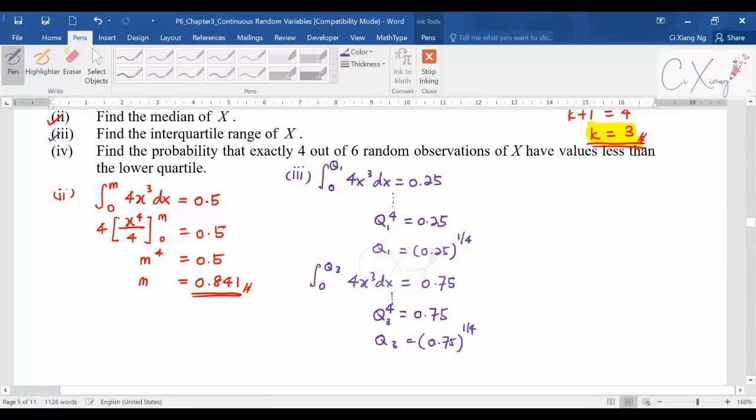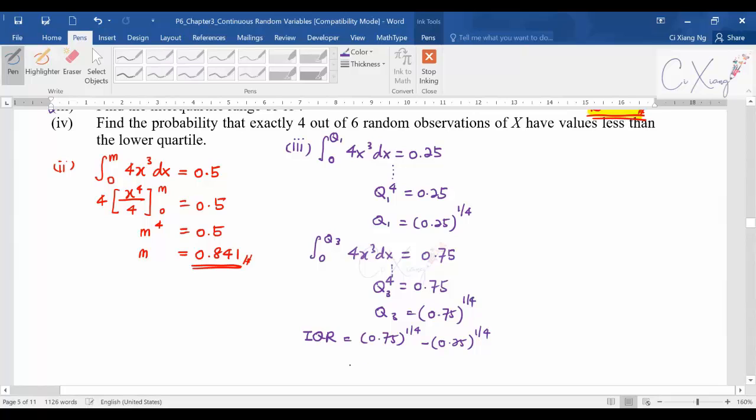Again, I will keep this in the original form because this is not the final answer also. And then when I want to get the IQR, interquartile range, it is actually 0.75 power 1 over 4 minus 0.25 power 1 over 4. By pressing the calculator, you should be able to get the value in 3 figures, which is 0.223.